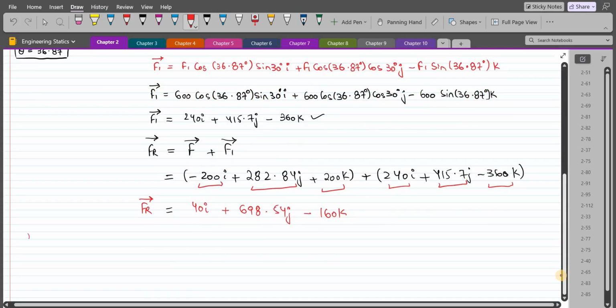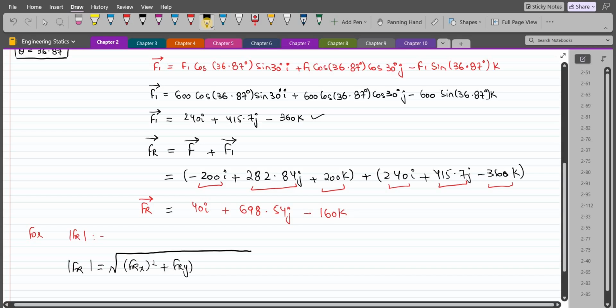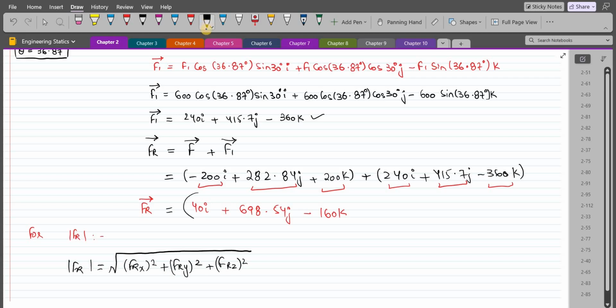For the magnitude of the resultant force, we can use the Pythagoras theorem. So we have the square root of FRx square plus FRy square plus FRz square. This is FRx, this is FRy, and this is FRz.